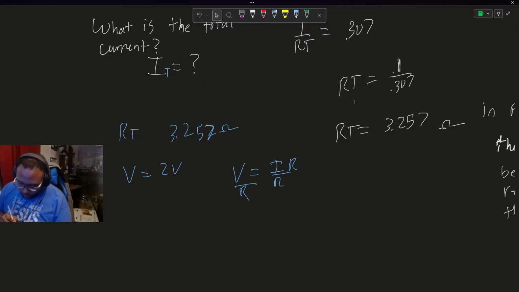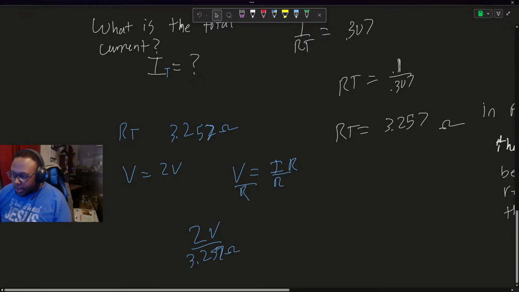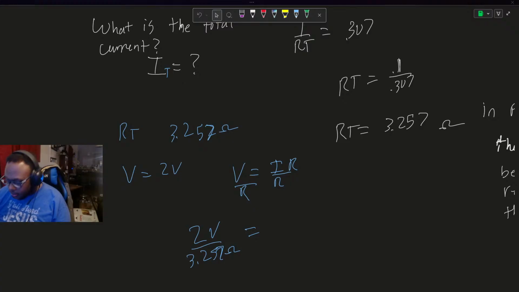So now I have 2 volts over 3.257 ohms. And then that would be calculators to the rescue. 610 or 614 milliamps.